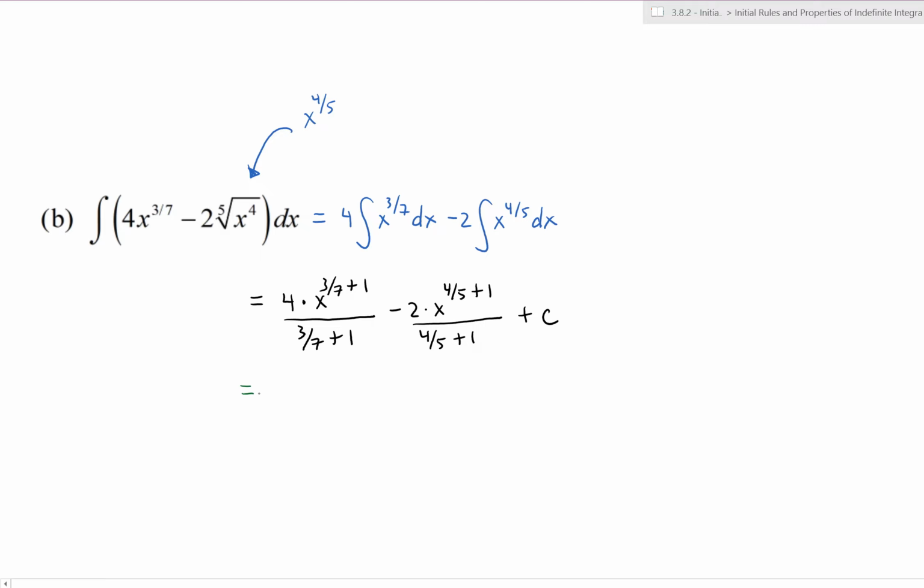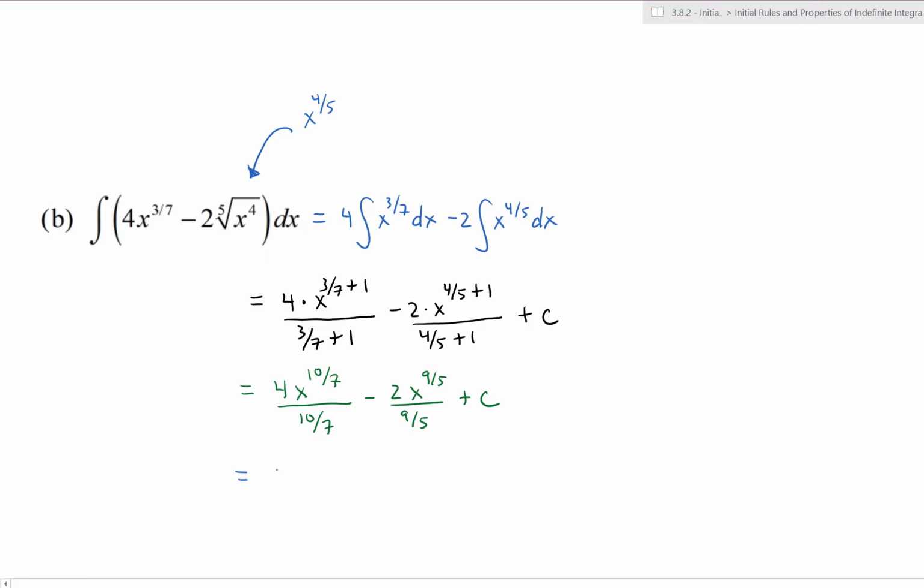And let's clean this all up. This is the same thing as 4x to the 10/7 power, all divided by 10/7, and then minus a 2 times x to the 9/5 power divided by 9/5 plus that constant. Clean this up a little more just so we don't have all these fractions sitting around.